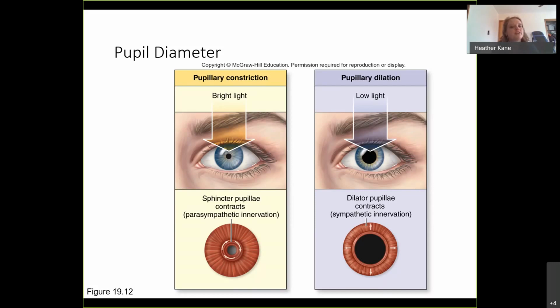So the parasympathetic nervous system is also called the rest and digest nervous system. This is your normal nervous system that's in play most of the time. The sympathetic nervous system is the fight or flight nervous system. Those are the two divisions of the autonomic nervous system.